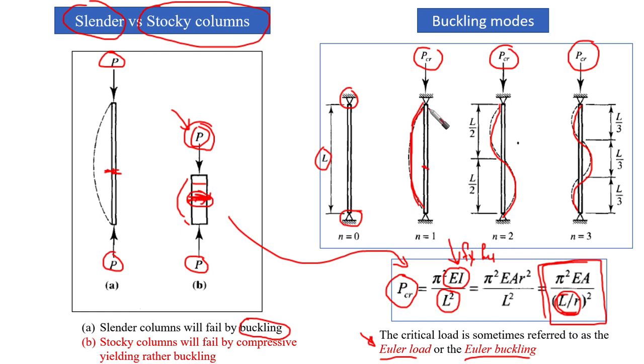It means that if we have members with different grades of steel, the PCR is not going to be a function of F yield, F ultimate, or the grade of the steel. It is only a function of E, I, and L.